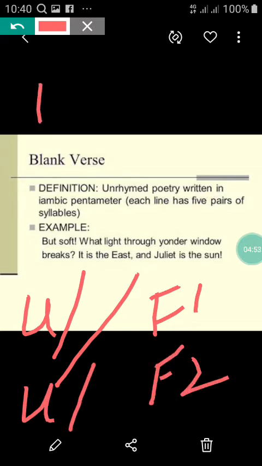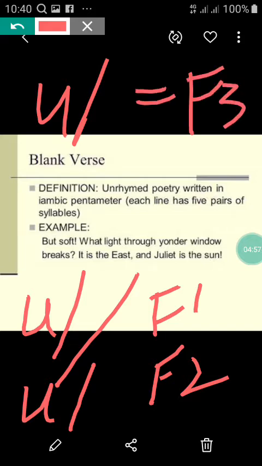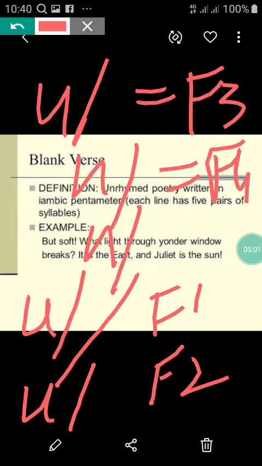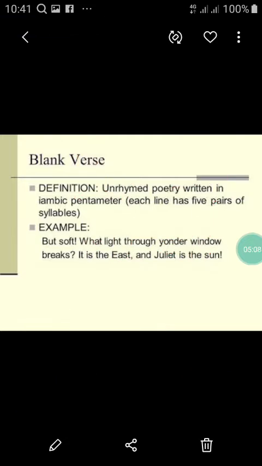Foot 3, unstressed, stress. Foot 4, unstressed, stress. Foot 5. So they are five in number, five feet along with having 10 syllables.